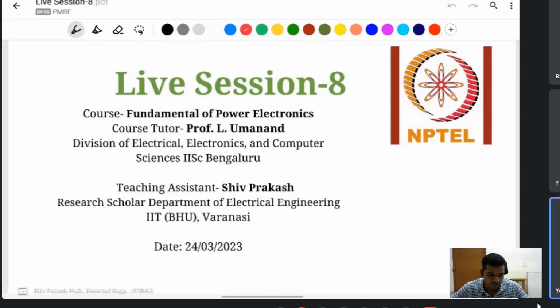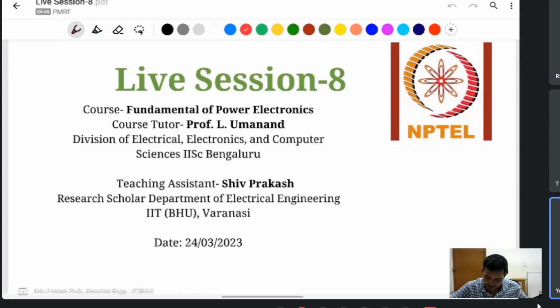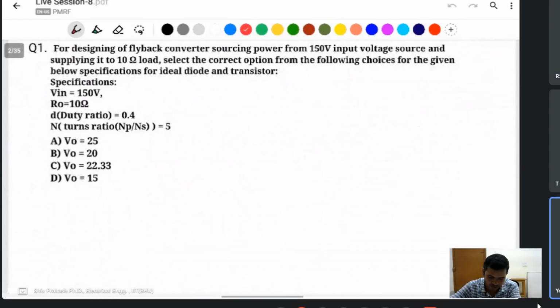Okay everyone, let's start the session. Take a question number first from flyback converter. We can take up some questions of the gate driver question and remaining number, I guess number is done.